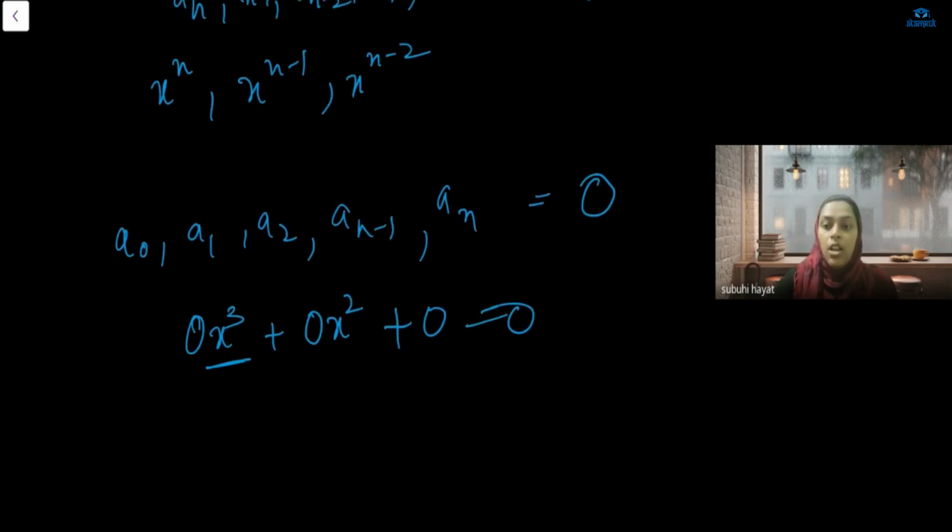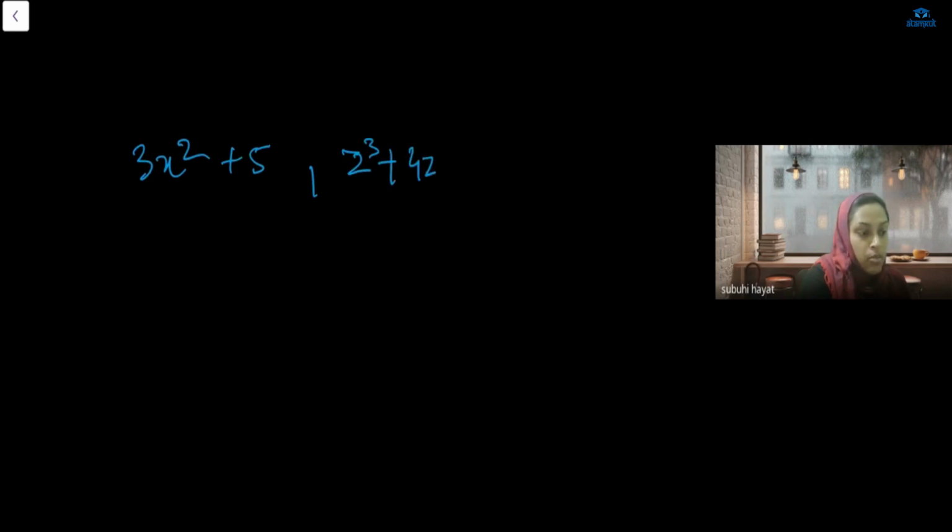Okay, let's see one or two examples. Now if I give you 2-3 expressions, let's classify them on the basis of the degree of the polynomial. I'm writing 3x squared plus 5, z cubed plus 4z plus 1, and 4x plus 1.